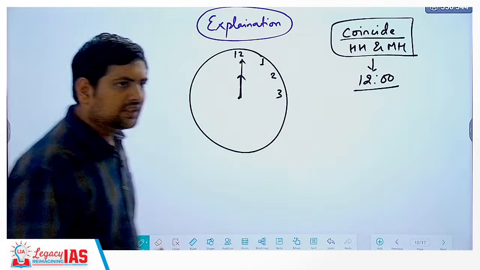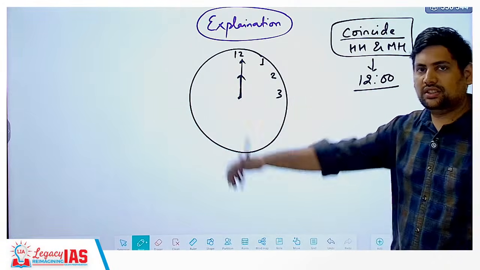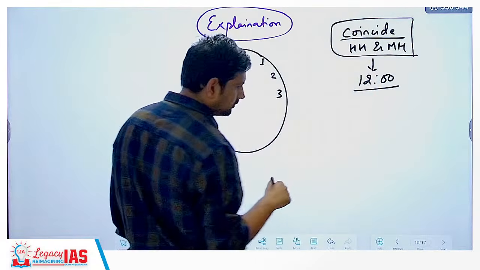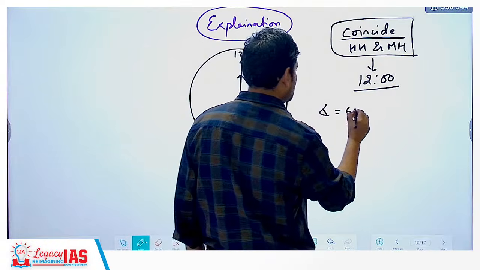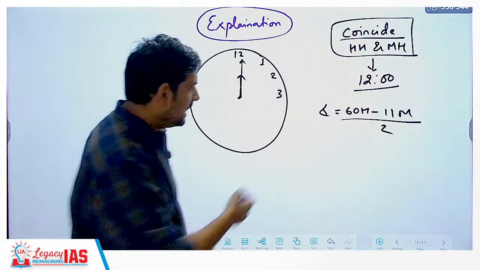Now after this, when do they coincide again? If you try to calculate this, now let's try to calculate this. After this, when do they coincide? So angle is equal to 60h minus 11m by 2. Correct. Now what is the angle you are looking for?